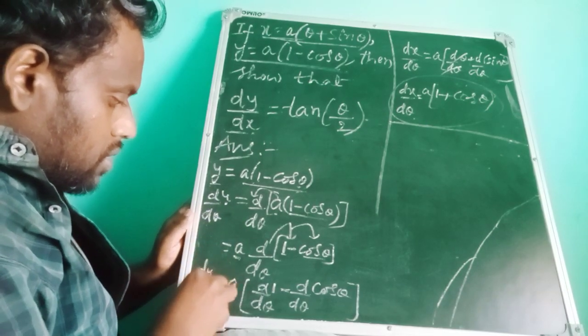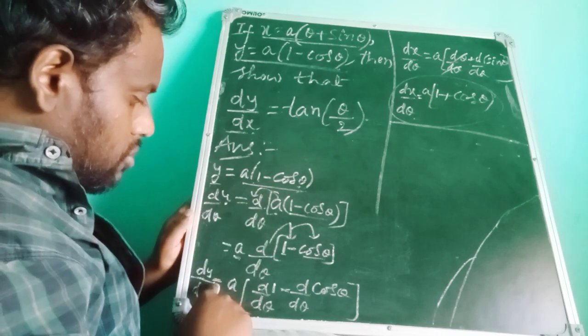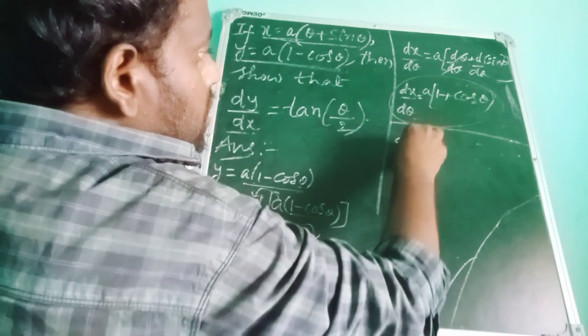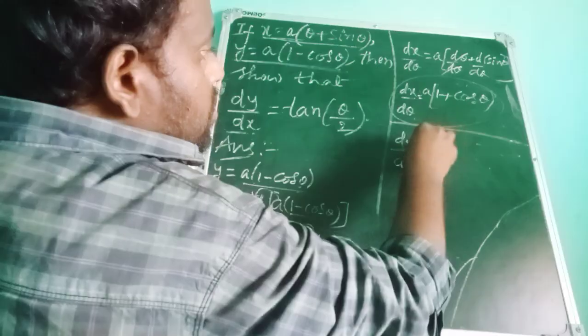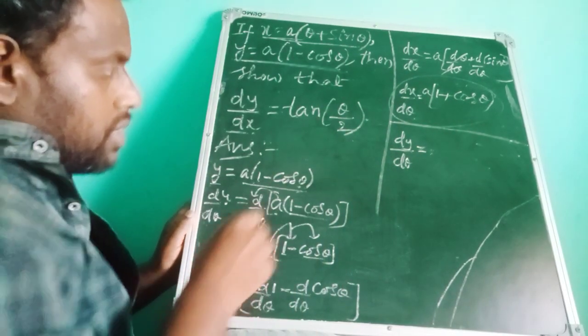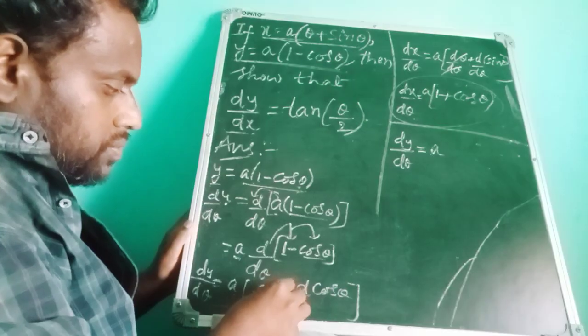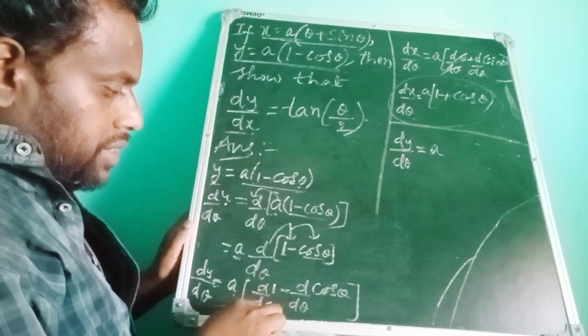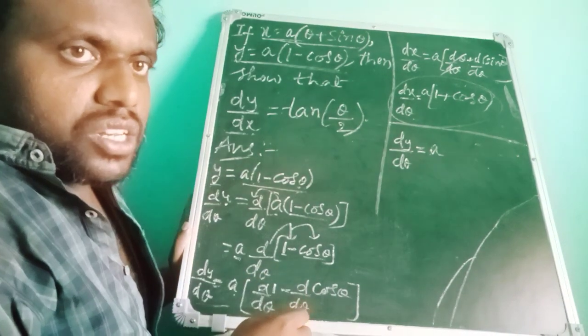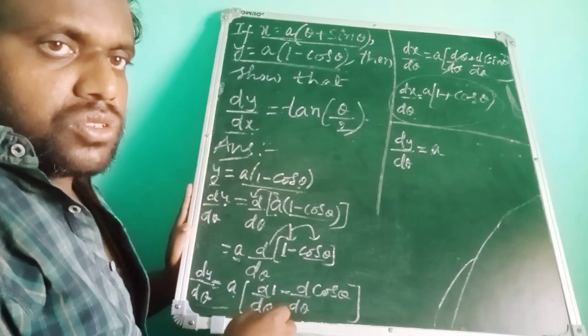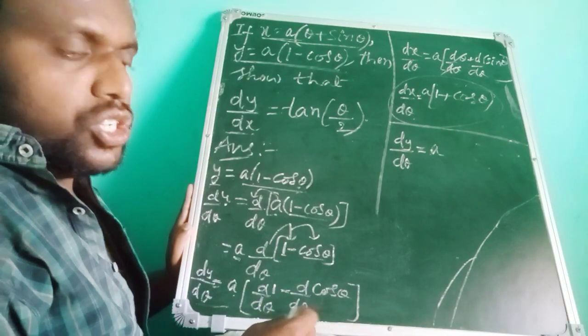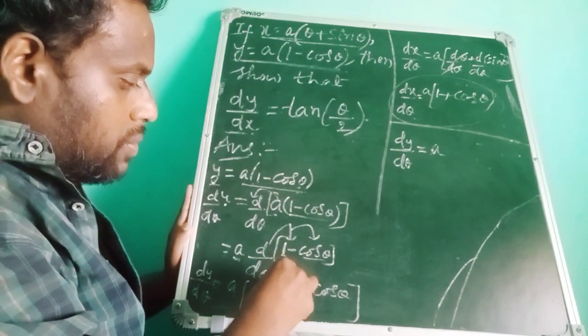So dy by d theta is equal to, see, write a as it is, a is a constant. Next see here, d by d theta of 1 is there, so 1 is a constant, it's a number, so differentiation of a constant is 0, so this entire thing will become 0.